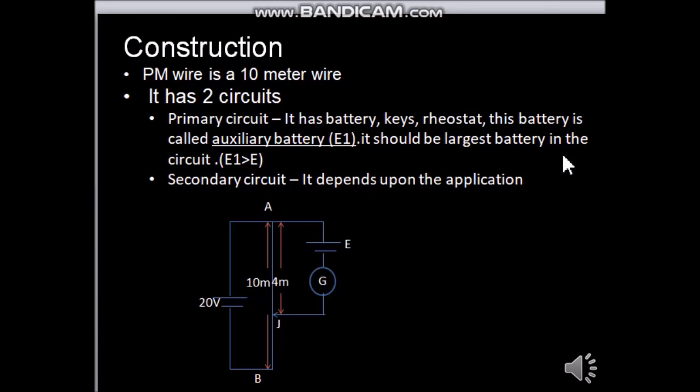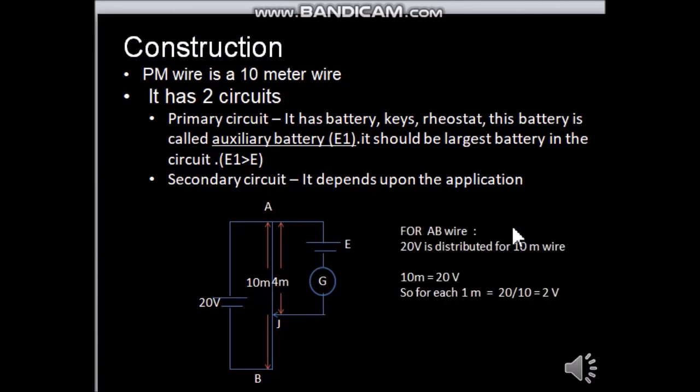So 1 meter is equal to 2 volt. This is obtained. The value of 1 meter is 2 volt and the balancing length of this cell is 4 meter. So what is the value of 4 meter? Yes, 8 volts.